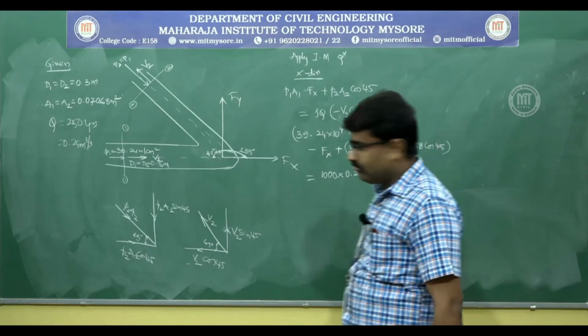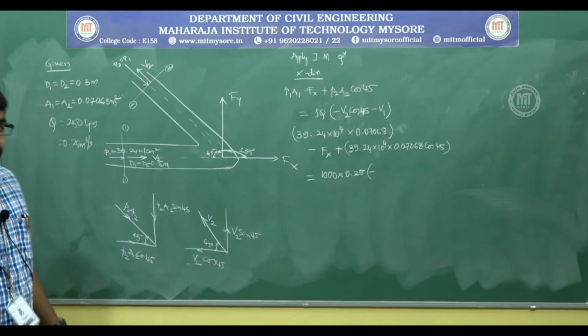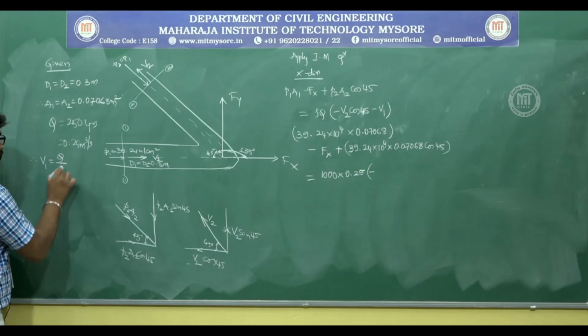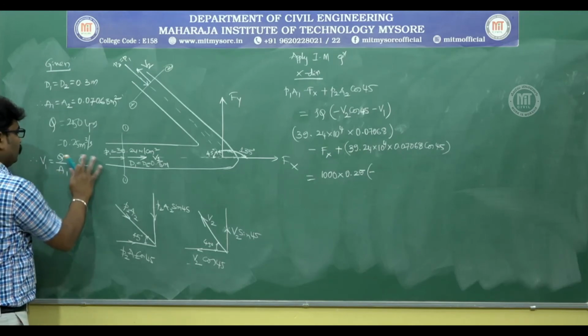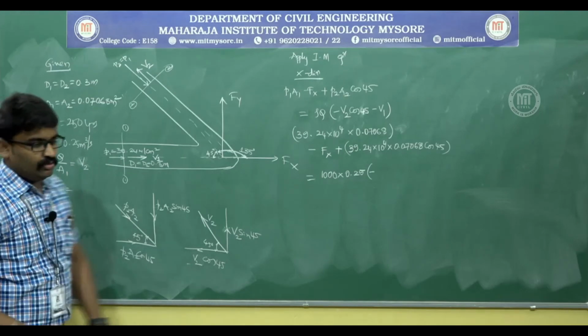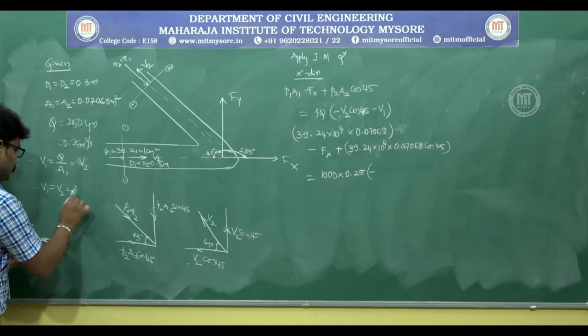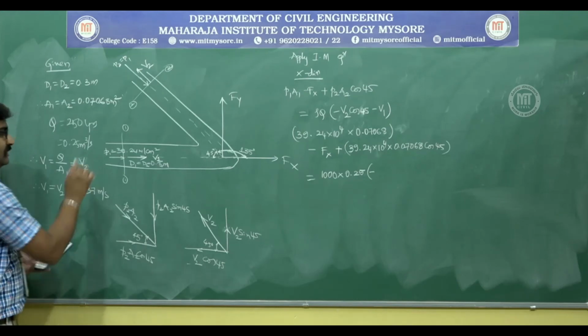How much is V2? Have we found V1 and V2? We have not yet found V1 and V2. How do I find V1 and V2? Again, this is based on Q by A. Therefore, V1 is equal to Q by A1, and that also has to be equal to V2, Q by A2. Therefore, V1 is equal to V2 is equal to Q, 0.25, divided by 0.07068, that is 3.537 meter per second.